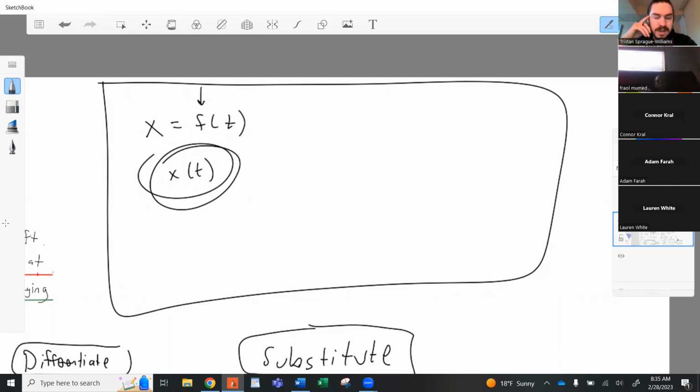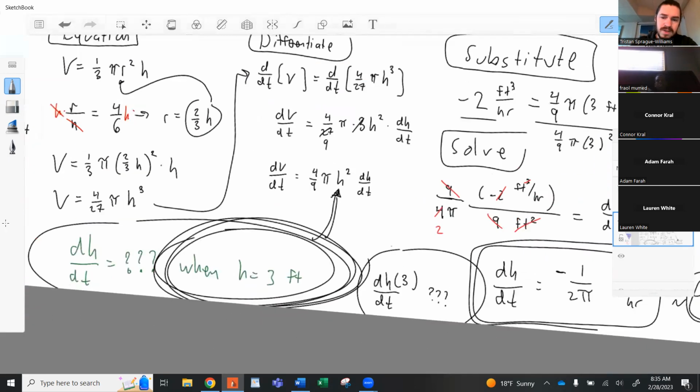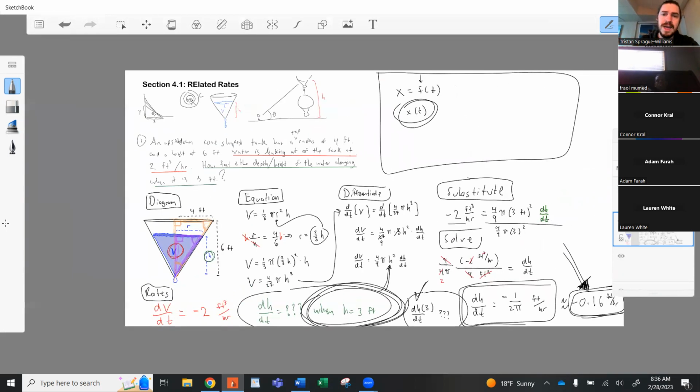So you can do this, that's fine, but make sure you understand that you're using the variable's name h as the name of the function as well.